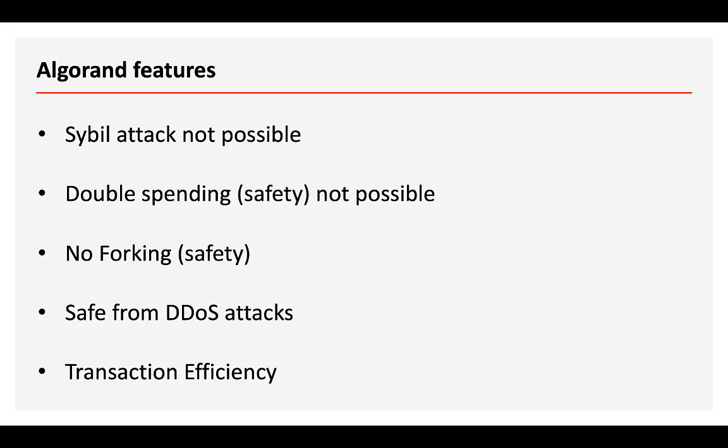DDoS attack is harder to do in this, because normally you would do a DDoS attack on the nodes that are miners in order to stop the blockchain from growing.